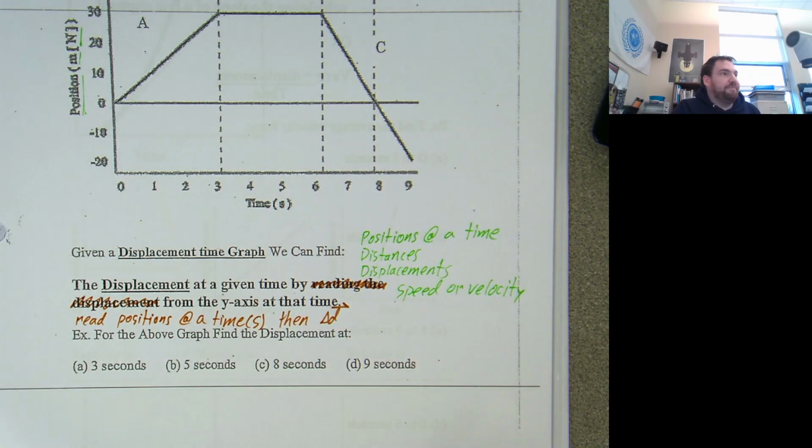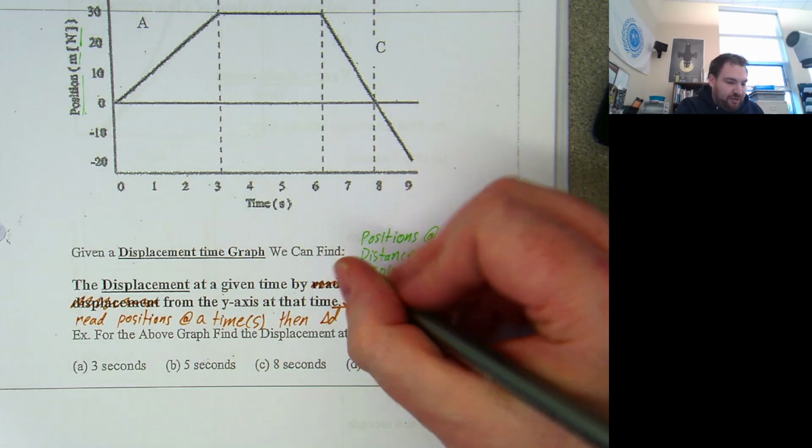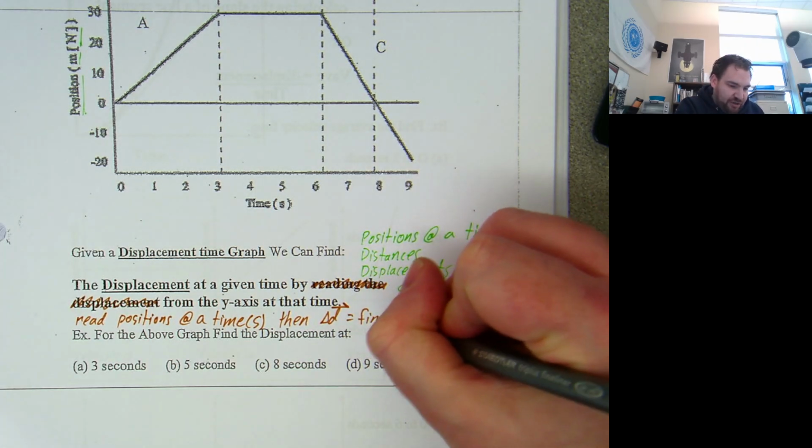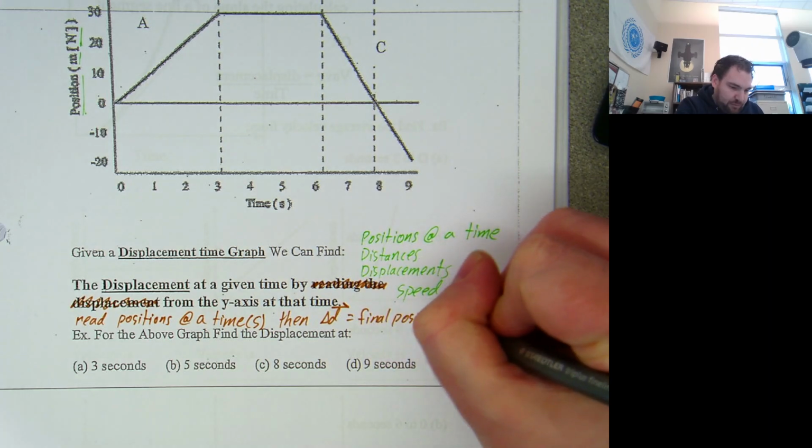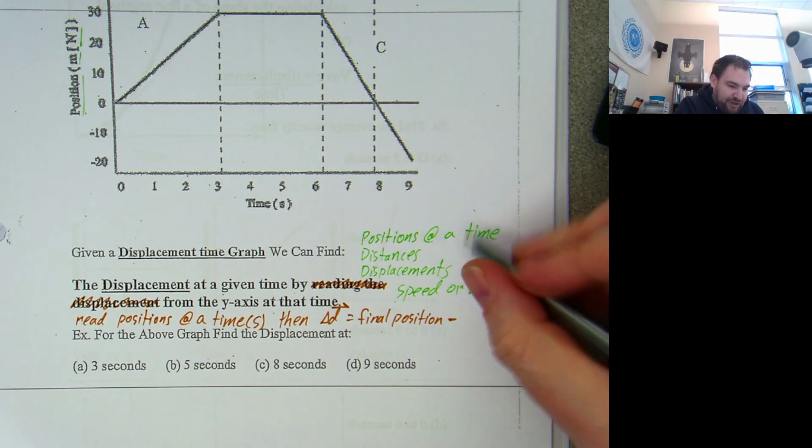if you recall from our second day on this unit, displacement is a change in position. So it's your final position minus your initial position.